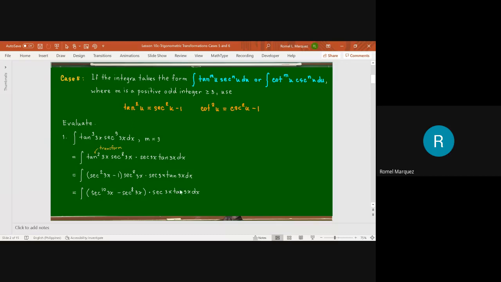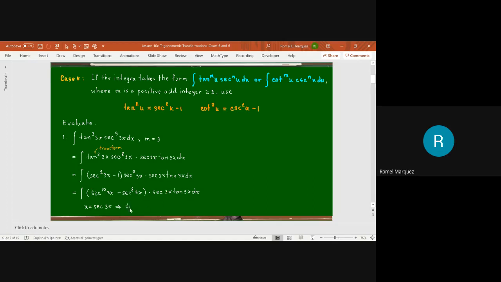And so what is our u? Our u is what, guys? Our u is secant of 3x. And what's the du for each integral that we have? Because you can do it mentally, you can split it mentally, and this will serve as part of the differential.